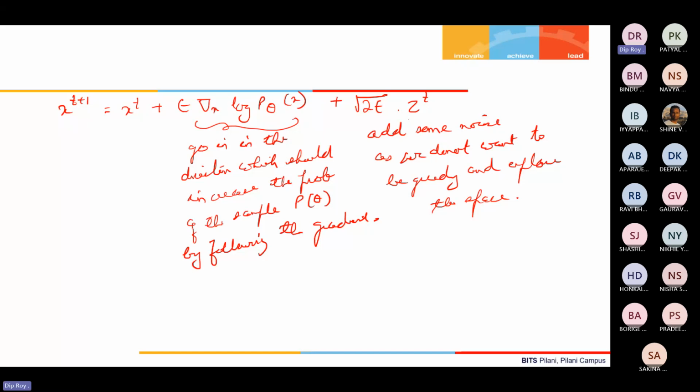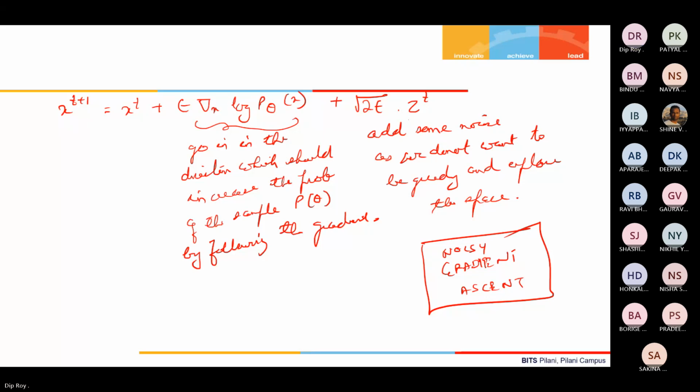This entire thing is nothing but a form of noisy gradient ascent. What this technique is saying is that take a sample xt, follow the gradient, and add a little bit of Gaussian noise, and we should be able to sample better.